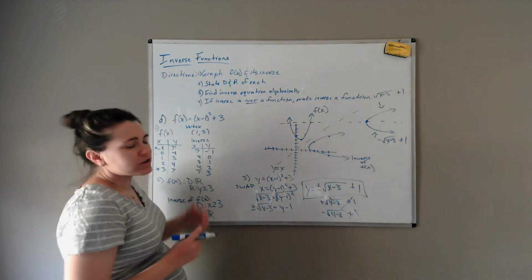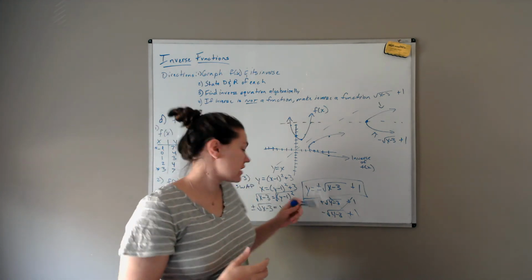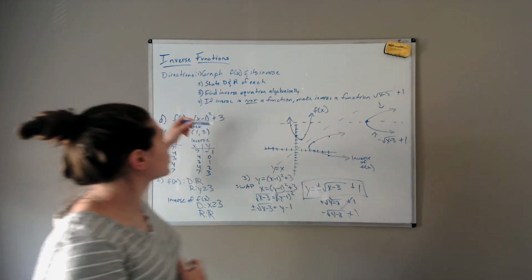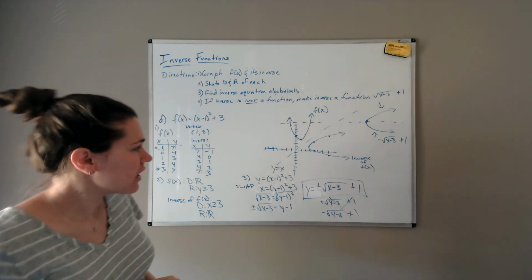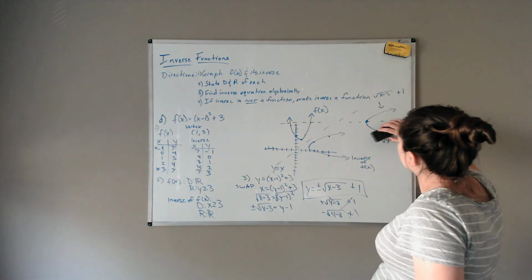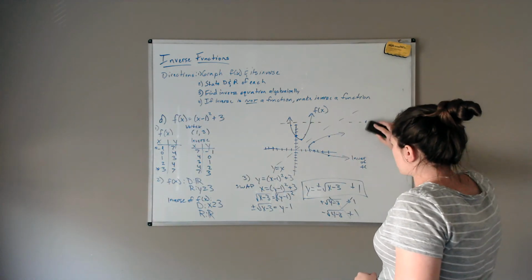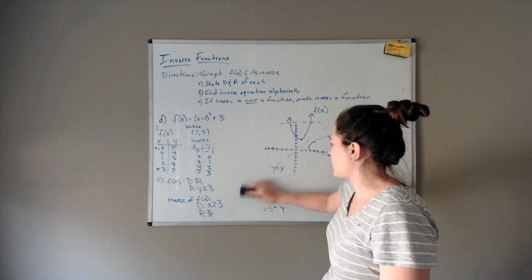And now number 4 says we want to make sure that the inverse is a function. So let's think about what we have to do so that that happens, okay?